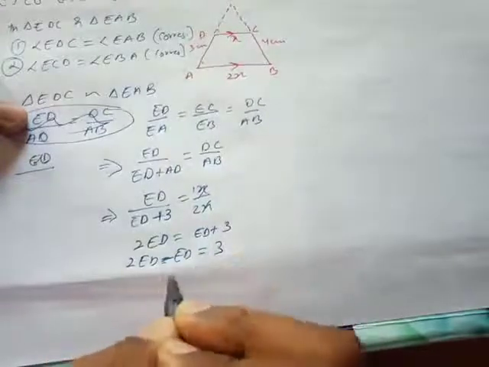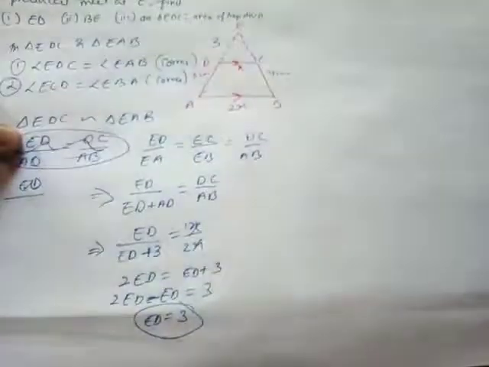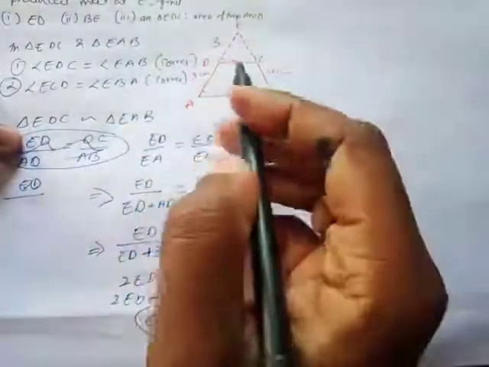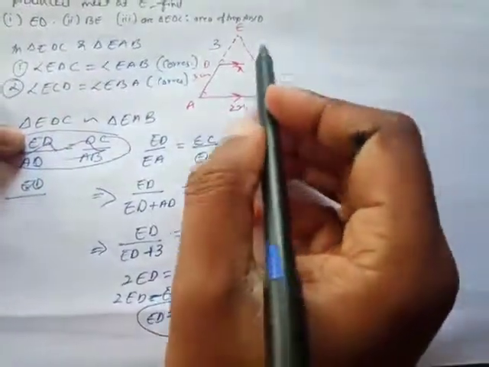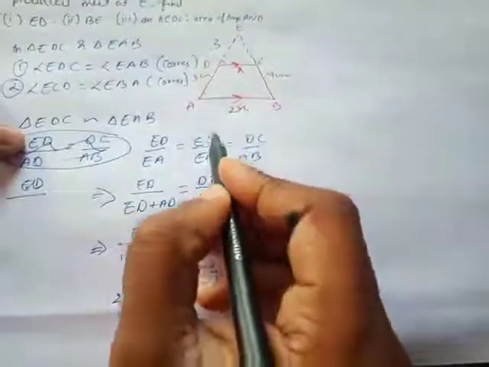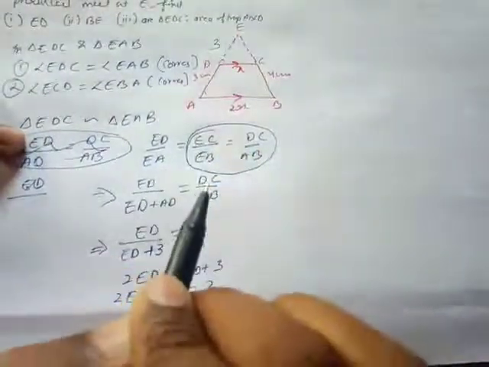This came on this side and got subtracted, so ED equals 3. So I got the value of ED, that is 3. Same like this, I can find the value of BE as well, taking this and this. I hope you guys will be able to do this on your own.